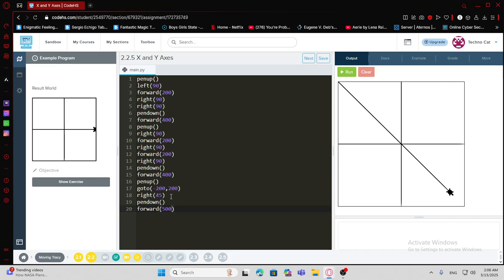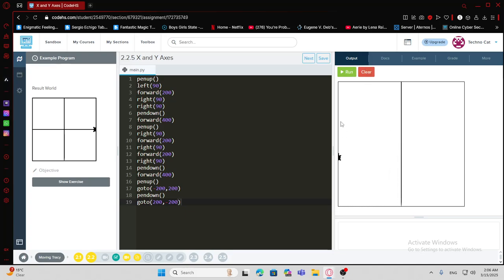Okay, let me try this instead. After she goes to negative 200, 200, I'm gonna take her afterwards to, wait, no, sorry, 200, negative 200. And then let me delete that forward, because that go-to is going to be our new forward.